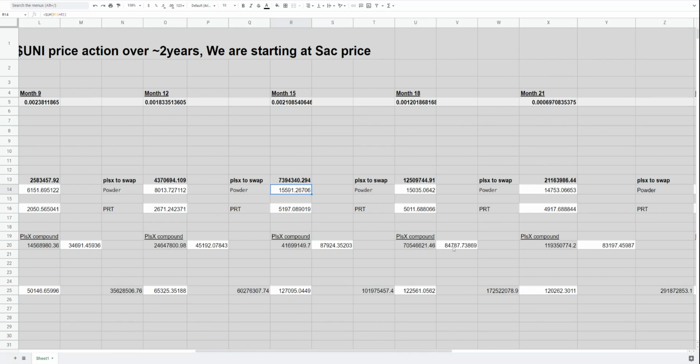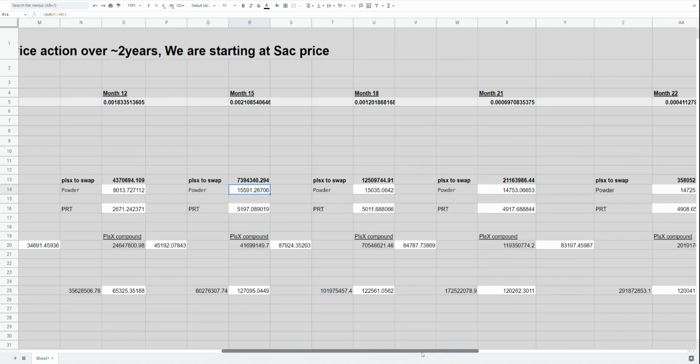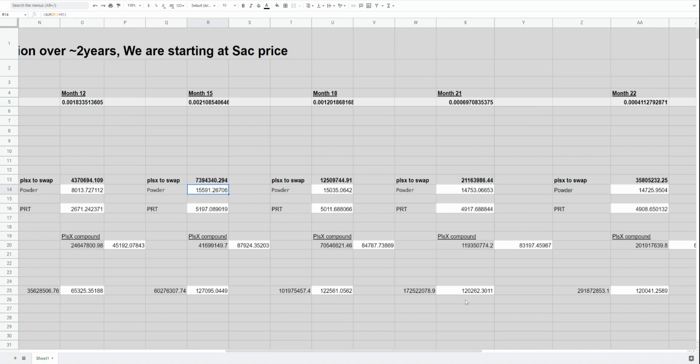And we're going to compound $84,000 worth of PLSX. In this case, it's 70 million PLSX. Again, our coin dollar value in our bag is 122,000 to begin. And beginning of the next month, we'll be right at the same. We added $84,000 to our bag, and we're going to be right at the same value.